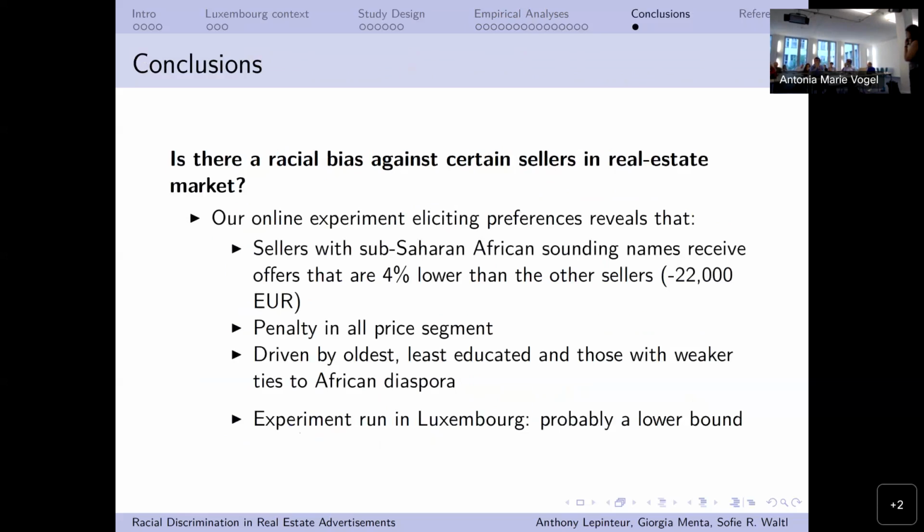Yes. Really, really interesting. I have two thoughts. The graph that you showed earlier, you mentioned two parameters, education and familiarity, if people are linked to Africa.